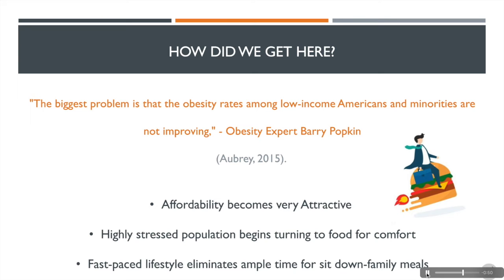Now, lastly, fast-paced lifestyles eliminate ample time for sit-down family meals. I know personally that I have extracurriculars, my sister has extracurriculars, and my dad works from very early in the morning until basically the time that my sister and I go to sleep every night. And that does not allow for a lot of time to make family meals.